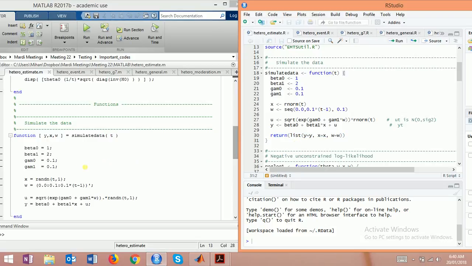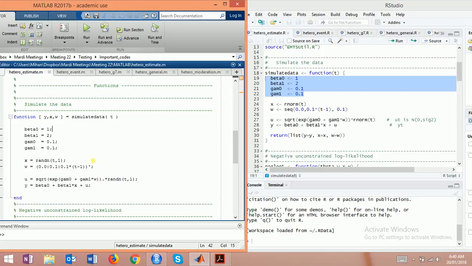So beta naught, beta 1, gamma naught and gamma 1 are given to us. We use them to simulate x, which is simply a normal distribution of t.